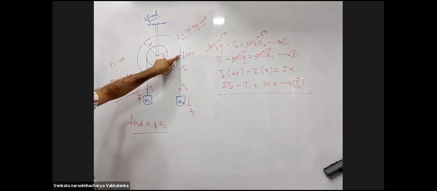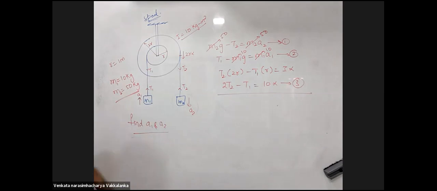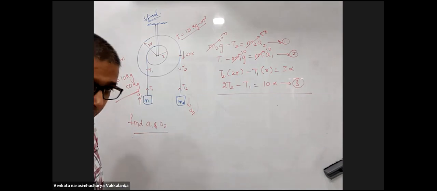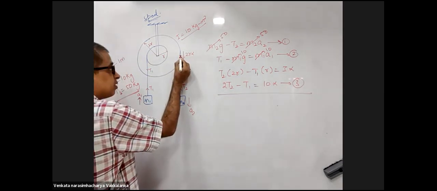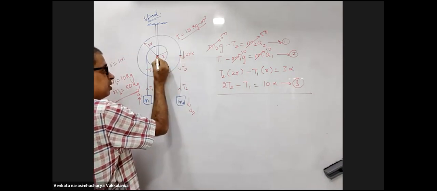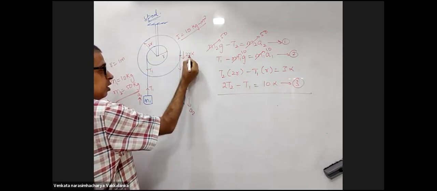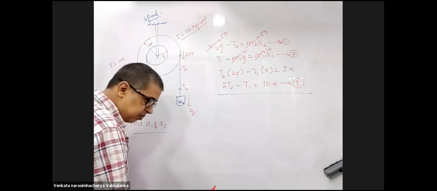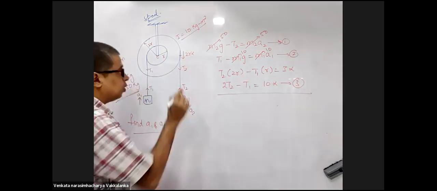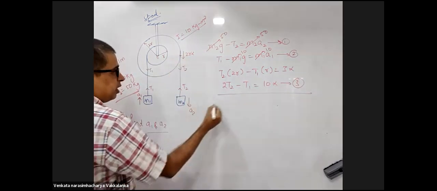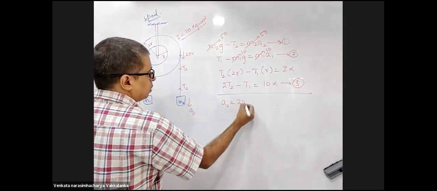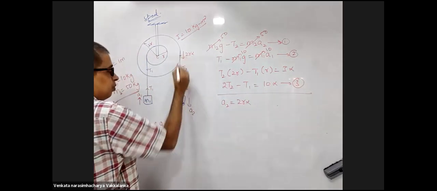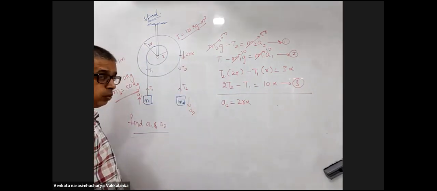So acceleration of this point with respect to ground is 2R alpha, which should be equal to A2.